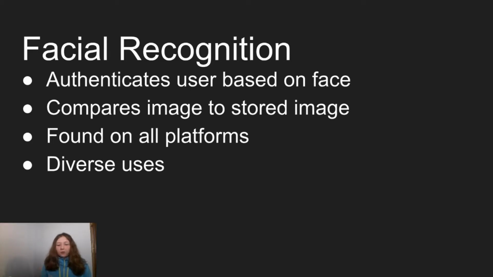There's a lot of diverse uses. I've kind of just mentioned them. You can use facial recognition to log into a computer. You can use facial recognition to physically access a building or a room or buying something off of an application store. Facial recognition is very useful if it's done correctly.